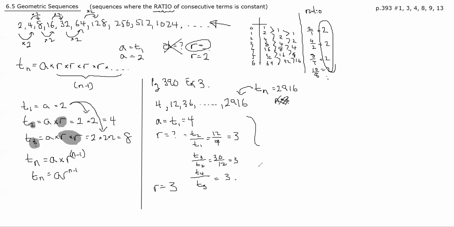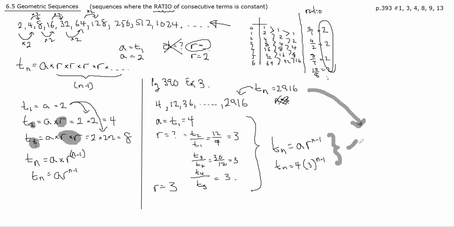Putting that together, Tn is going to be a times r to the power of n minus 1. Tn is going to be 4 times 3 to the power of n minus 1. Now we're ready. Let's bring this and this together.